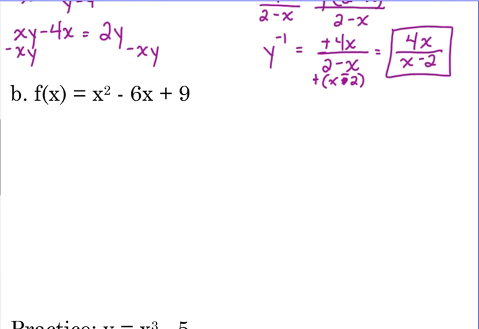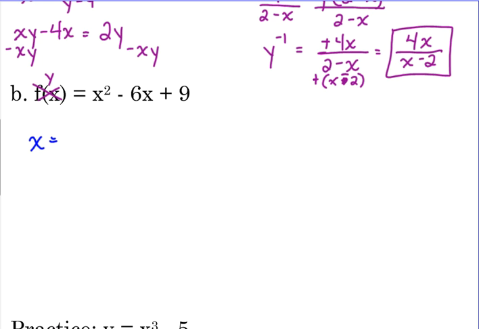Now, to be honest, there are a select number of quadratic equations that we can find the inverse of, because it can be difficult to solve for the variable. We can do it in this case because this is a perfect square trinomial. So let's just get into it, so you can see what I'm talking about.